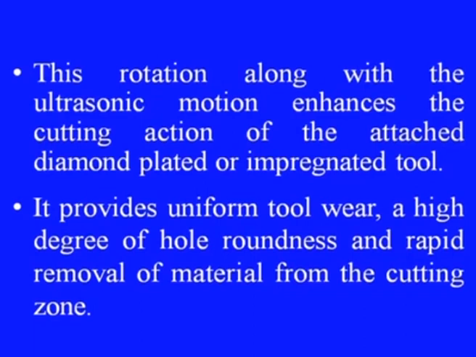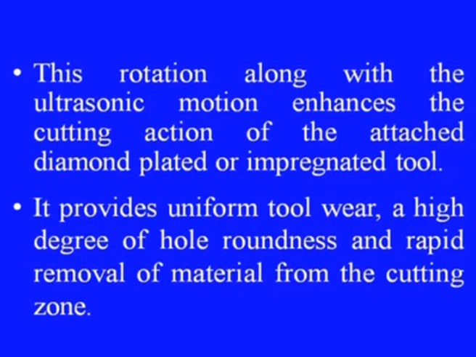This is the advantage of rotary ultrasonic machines. The spindle speed used in this is variable and can be anywhere between 0 and 8000 RPM, and this rotation along with the ultrasonic motion enhances the cutting action of the attached diamond plated or impregnated tool.